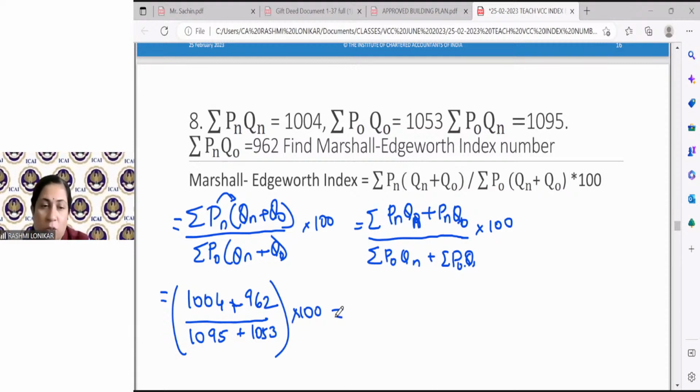Now how much is 1004 plus 962? This is equal to 1966. How much is 1095 plus 1053? 2148 into 100. 1966 divided by 2148 is equal to 91.53.